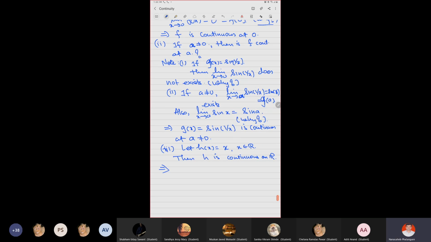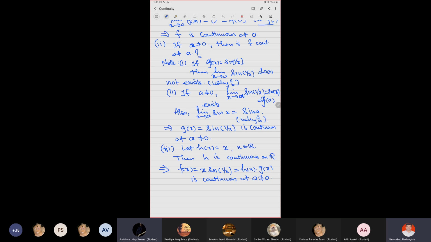And therefore, by our algebra of continuous functions, f of x is equal to x sine 1 by x, which is h of x into g of x. Is the product continuous at a not equal to 0?